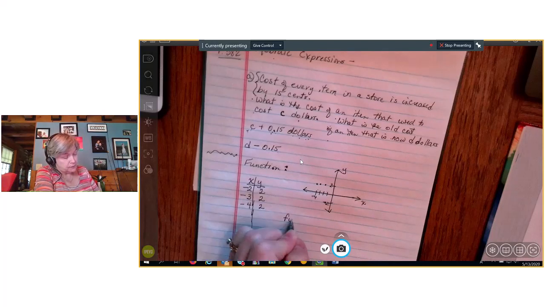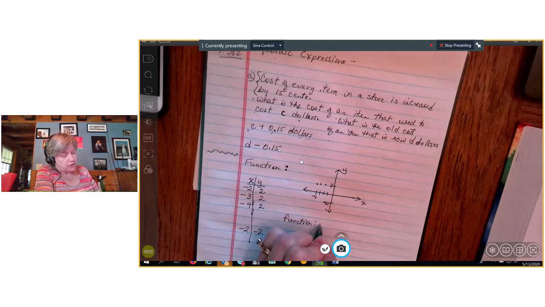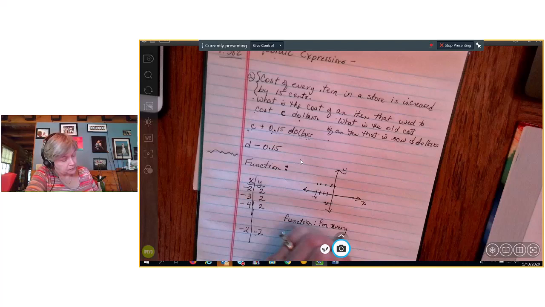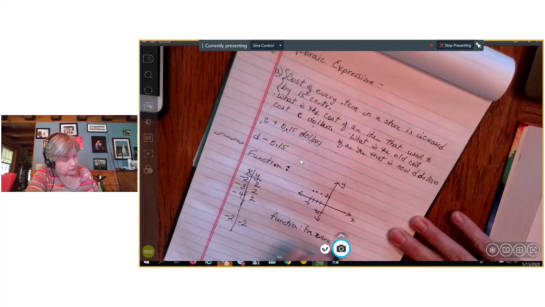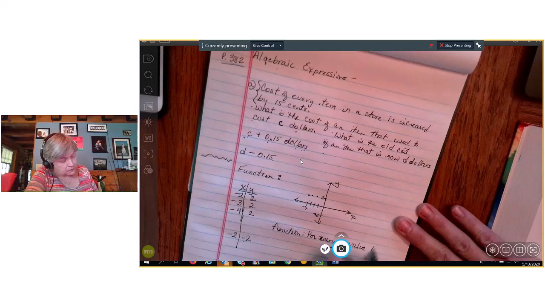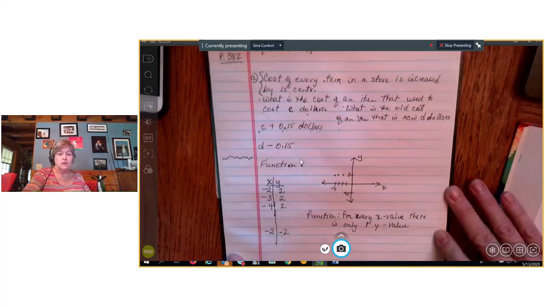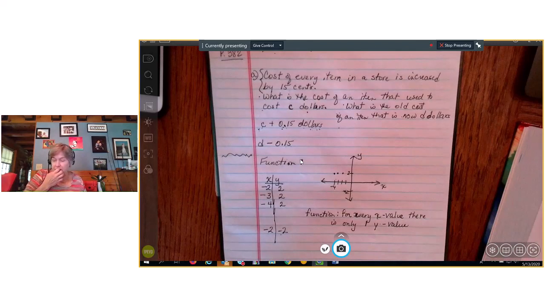So a function is for every x value, there's only one y value.